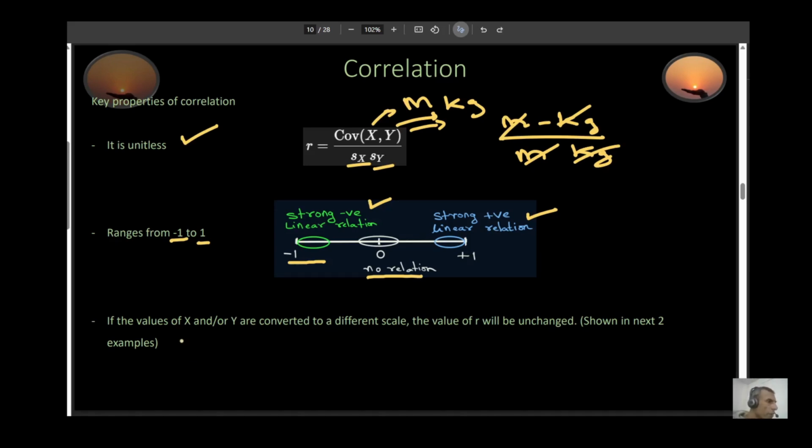Now, if the values of x and or y are converted to a different scale, then the value of r is not going to change. If you recall a minute ago, when we did those two examples, one of the y values was actually scaled by a factor of 10 and your covariance changed. But this will not happen in the case of correlation. I will show you this in the next two examples.